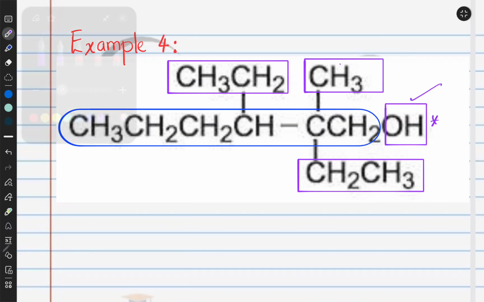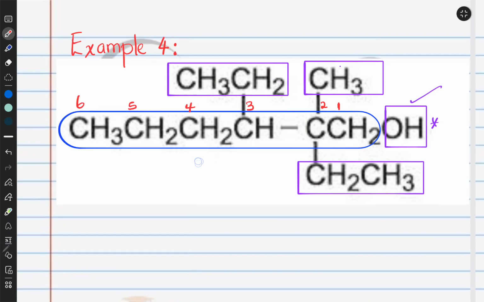So let's check. If we number from right to left, we'll have 1, 2, 3, 4, 5, and then 6. If we use this way of numbering, our hydroxyl group will be on carbon atom number 1.